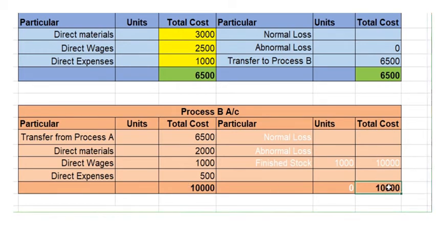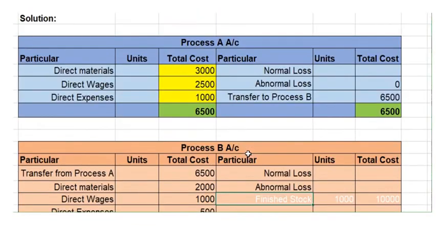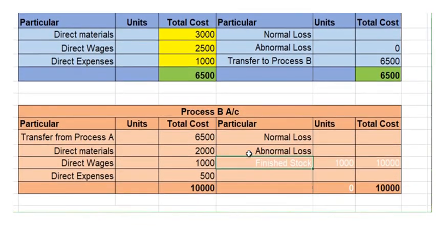Now on the right hand side, we do not have any normal losses and we do not have any abnormal losses. So the transfer to process C: how much is it?